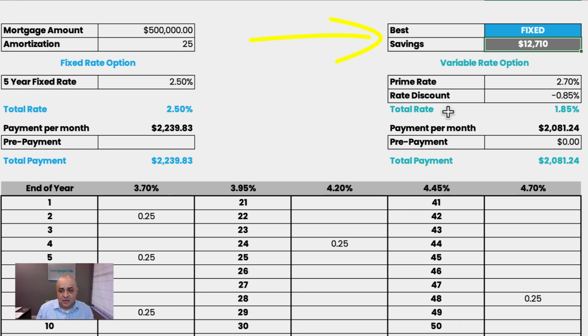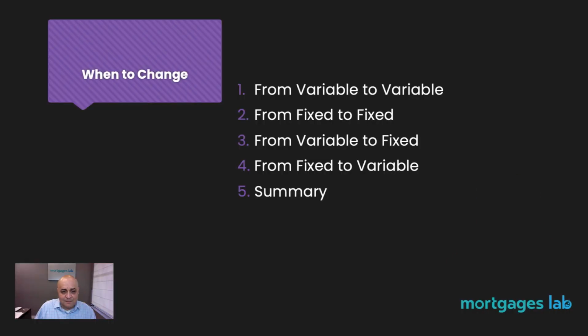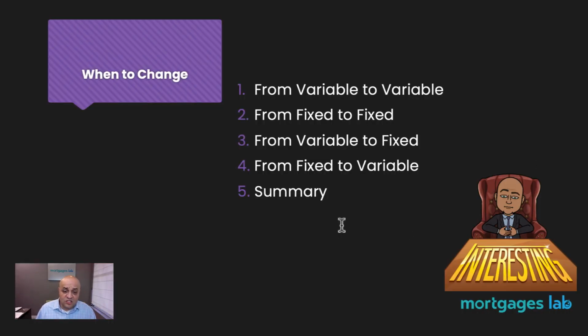So this is just an example, and every particular situation is very different. So I would encourage you to call our office to run the numbers with a specific scenario that you want to run for us, and we'll see what the numbers show. So this would be a nice example of when to change from a variable to a fixed, where the fixed was a better choice.